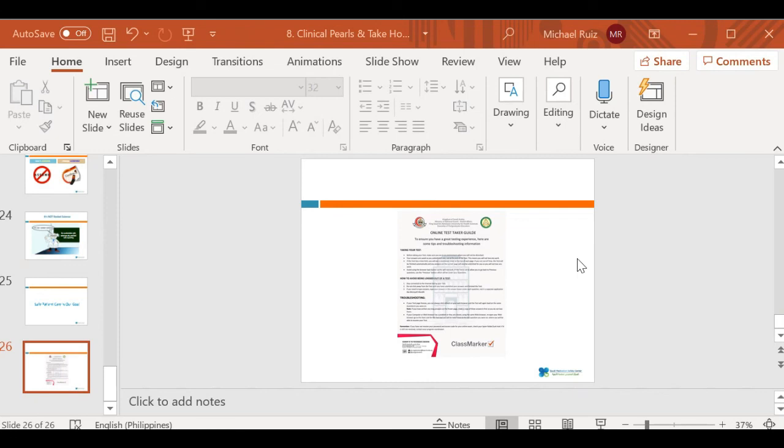Read the instructions on how to do the exam. I posted it here. It's very small. The instructions are also attached in your email. I emailed it yesterday afternoon.